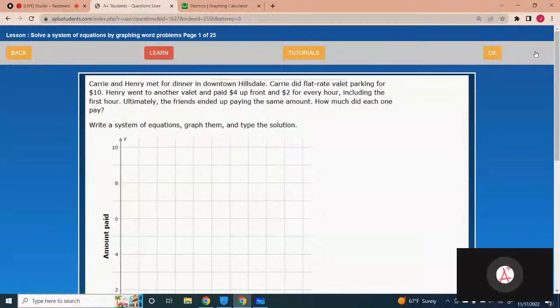Okay, the topic is, okay, let's just start with the example.